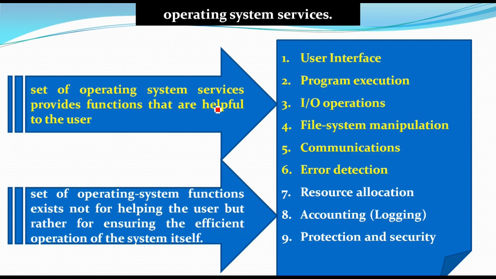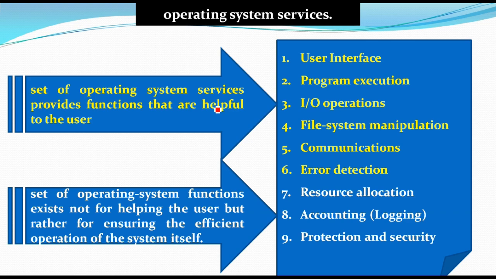The initial 6 services are from the user's point of view, and these functions are helpful for user interface, program execution, IO operation, file system manipulation, communication, and error detection.